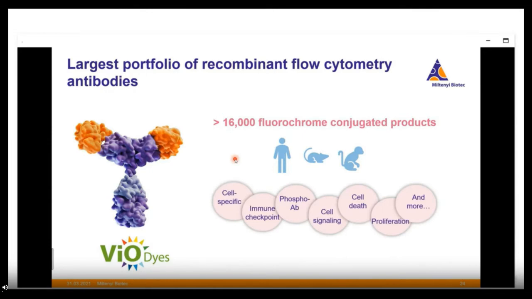And as I mentioned, we cover a lot of different markers that are cell-specific and also different applications like immune checkpoint, cell signaling, cell death, and more. Just to quickly mention that we are also increasing our portfolio and testing the antibodies beyond flow cytometry, specifically focusing on their application in imaging as well as mass cytometry.